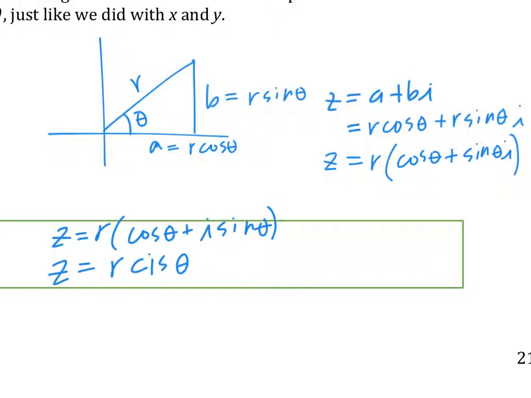The way they do it is r cis, which stands for cosine, i sine, and then theta. It's just faster to write this way. Yeah, I just read it as i cosine theta. Oh yeah, of course. It's just really long. Okay, that's fine.